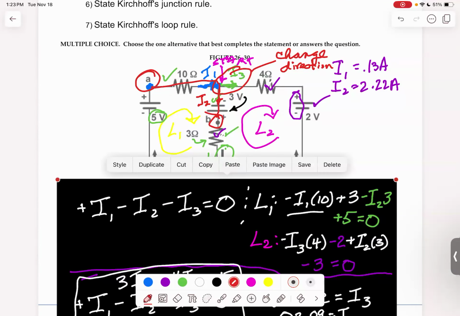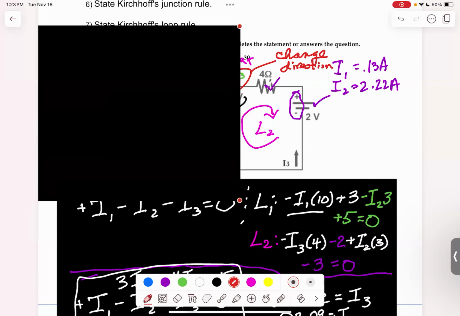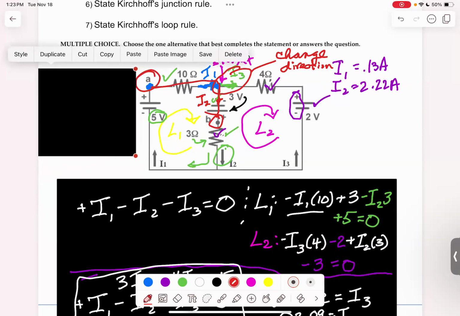Let's do it off to the side over here. Okay, so on the left side over here, the voltage drop.